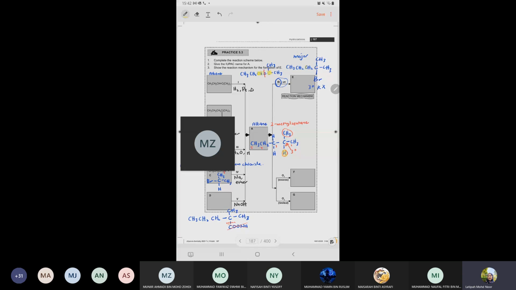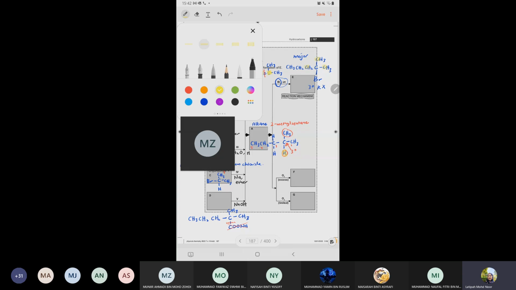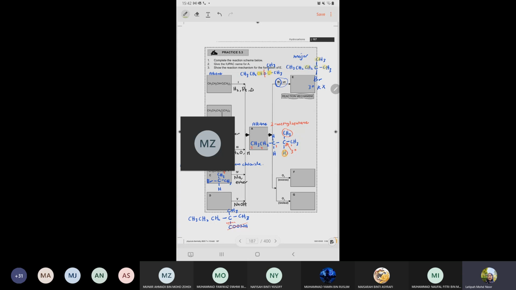Okay. Ini 3 carbon bonded kepada carbon yang pegang halogen. So, carbon yang kita highlight warna hijau ni, ini adalah tertiary carbon. Okay, so it means this is a tertiary haloalkane. Get it?